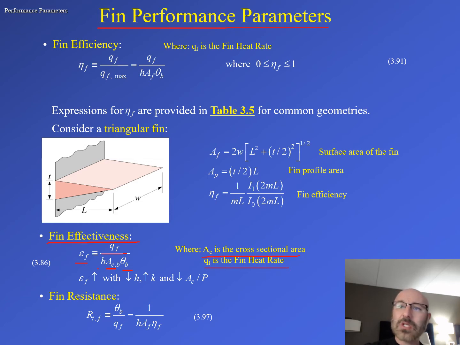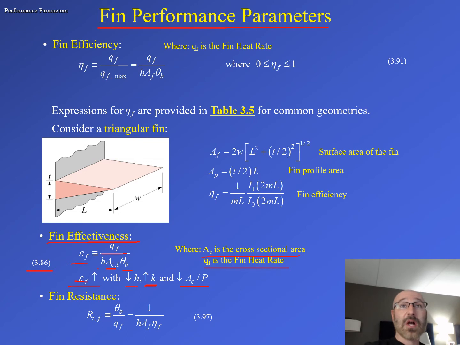What we can determine from this relationship, 3.86 in our textbook, is that our fin effectiveness, epsilon sub F, is going to increase with a decreasing H value. Those are inversely proportional. But it's directly proportional with our K value, so as K increases, this is going to increase. And as our A sub C over P relationship decreases, this is going to increase, so it's inversely proportional to that as well.